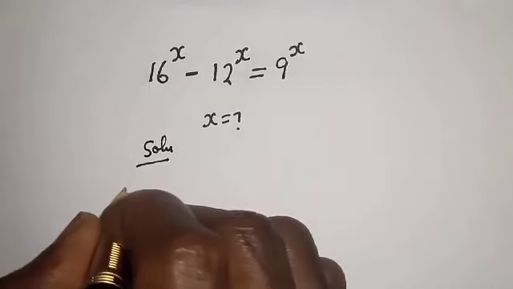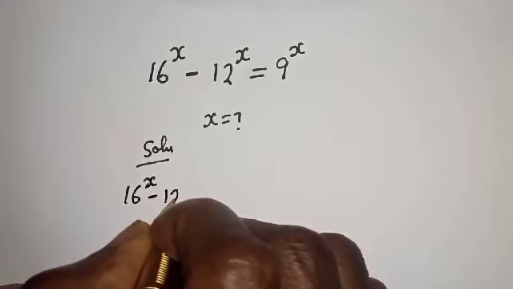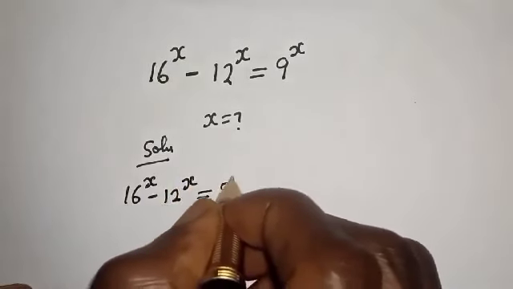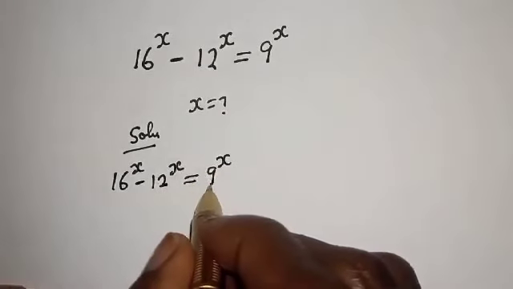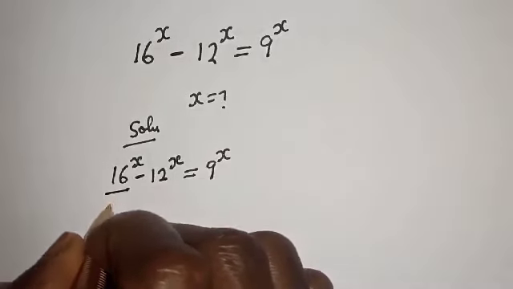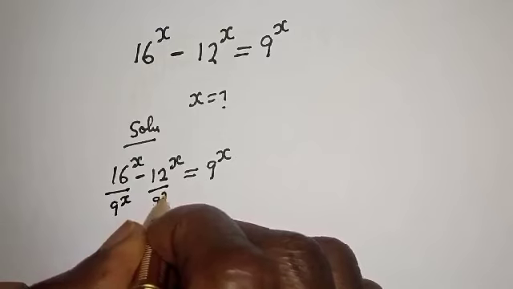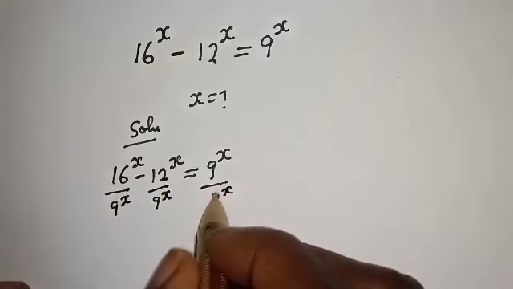We have the given equation 16 raised to power x minus 12 raised to power x is equal to 9 raised to power x. Let's divide both sides of this equation by 9 raised to power x. This divided by 9 raised to power x, this divided by 9 raised to power x, this divided by 9 raised to power x.